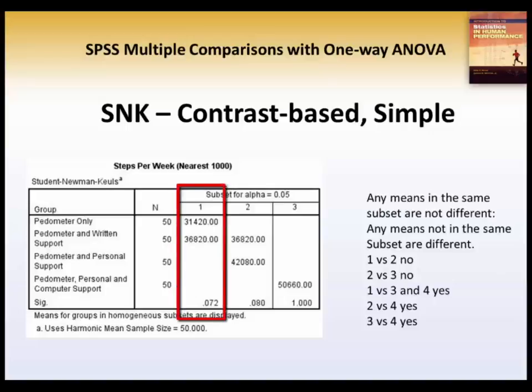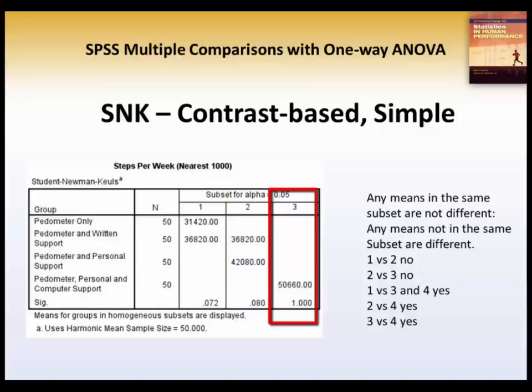So notice under subset 1, the mean for pedometer only and pedometer and written support, those two means are not different from one another. In subset 2, the second mean and the third mean, 36,820 and 42,080, are not significantly different. And finally, in the last subset, the pedometer, personal, and computer support differs from all the other three.